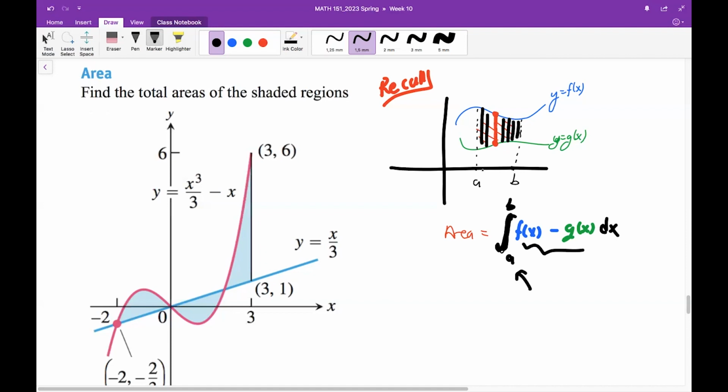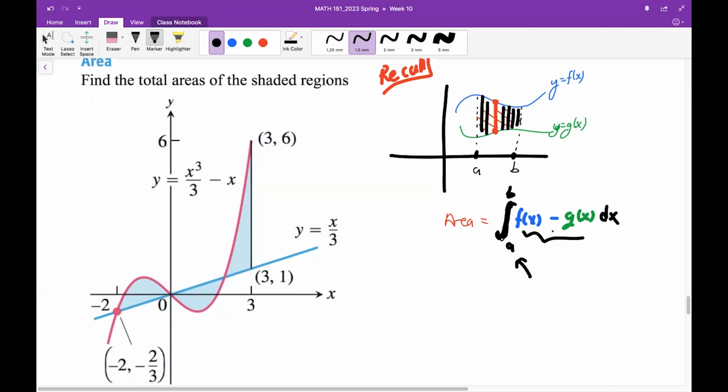And you need to do a continuous sum from a to b to cover the whole area. That's why the result of this integral will give you the shaded area, okay? So this is the idea.